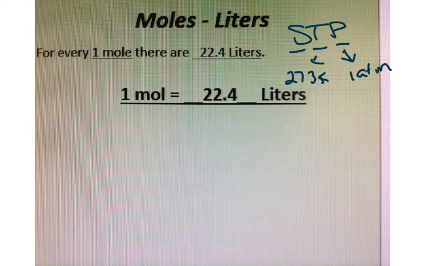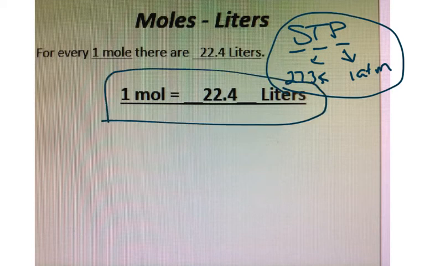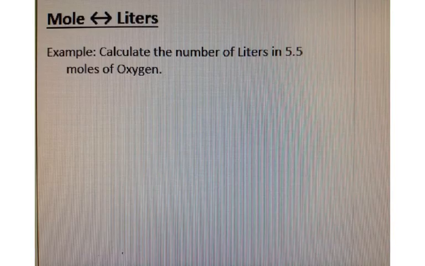Okay, you should remember that from our previous gas unit. But what they figured out is that all gases, no matter what substance you're talking about, if they are at this specific temperature and pressure, they take up 22.4 liters of it. So if I had 1 mole of it, or 6.02 times 10 to the 23rd particles of it, at standard temperature and pressure, it would take up 22.4 liters of space.